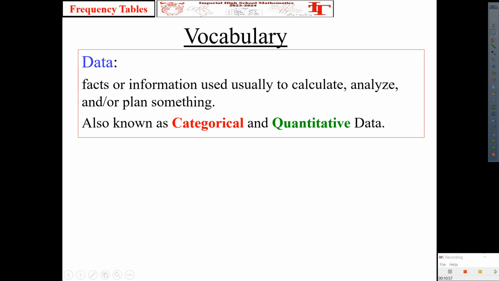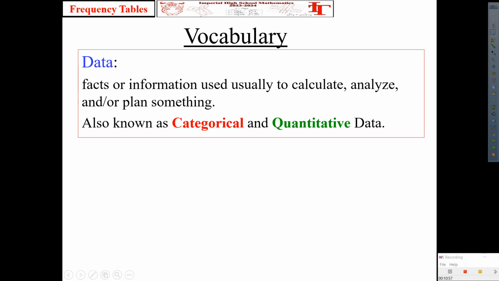So, it could be anything. It could be if I'm talking about students or population or different cars or different colors, that's data. If I'm talking about shoe size, that's data. So it could be anywhere from numbers to things, okay? So anytime I talk about data, it could be any information that we're going to gather to analyze.